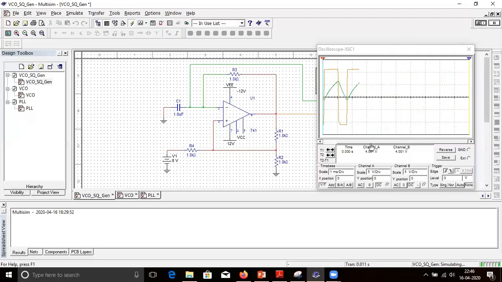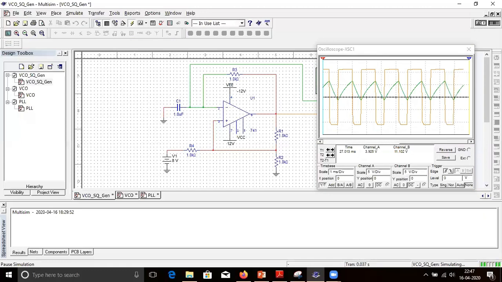So simulate again and let us measure the time period. So now if you see the time period, it is almost 1.633. So time is increased, period is increased. That means frequency is reduced.